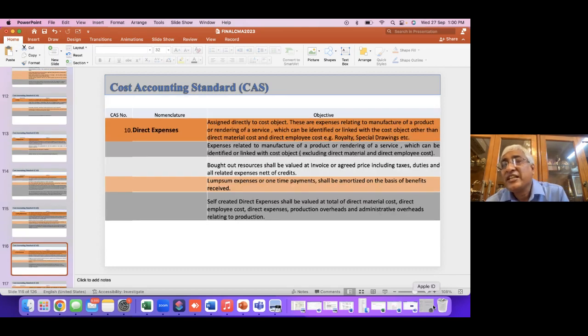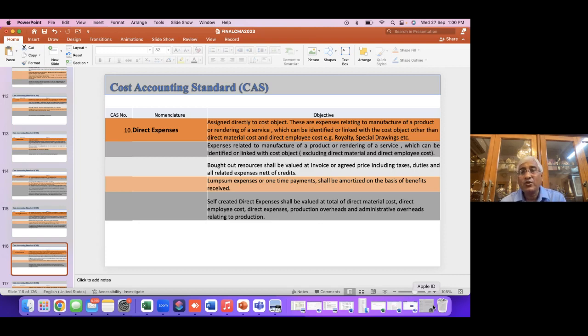Now the last one is direct expenses assigned directly to the cost object. These are expenses relating to manufacture of a product or rendering of a service which can be identified or linked with the cost object. Bought out resources shall be valued at invoice value or agreed price, including taxes, duties, and all related expenses, net of credits.